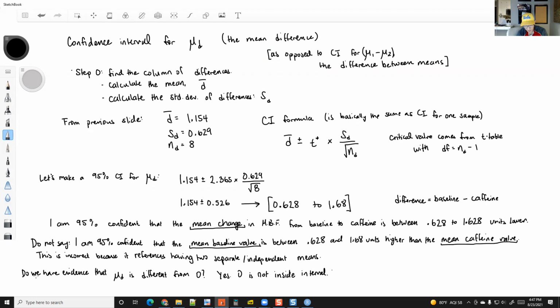Or do we have evidence that mu d, the mean change or mean difference, is different from 1.5?